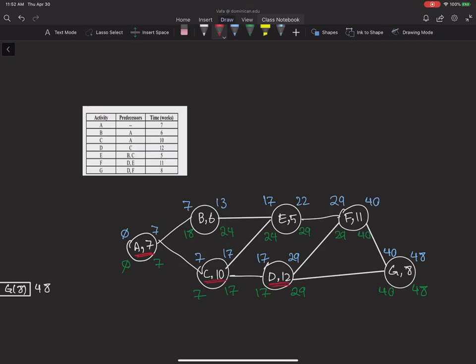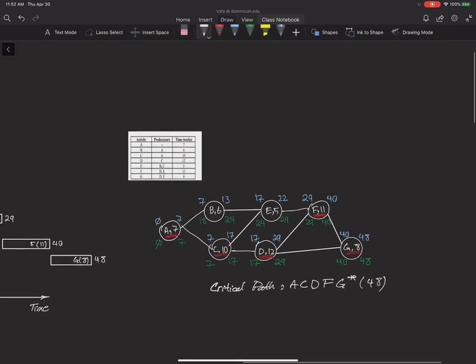I don't have any slack here as well. No slack here and no slack here. So my critical path would be A, C, D, F, G, and the duration would be 48. Okay, so this concludes question number 2.